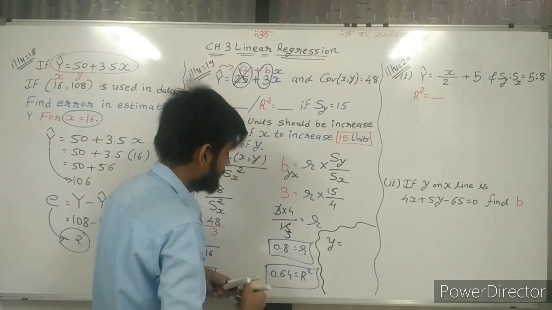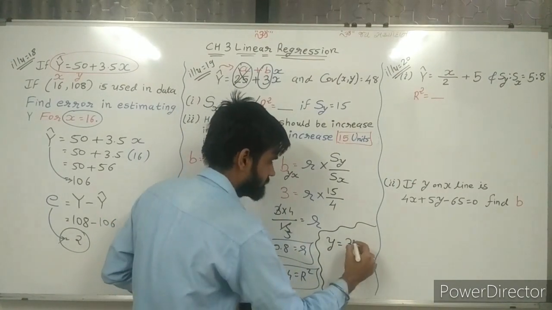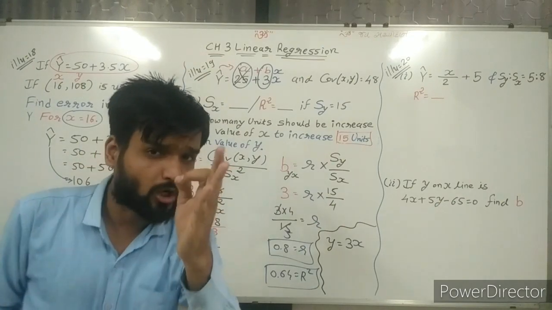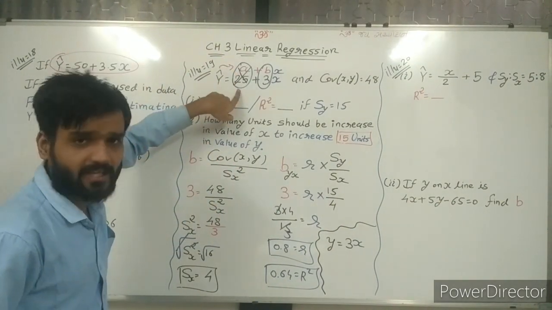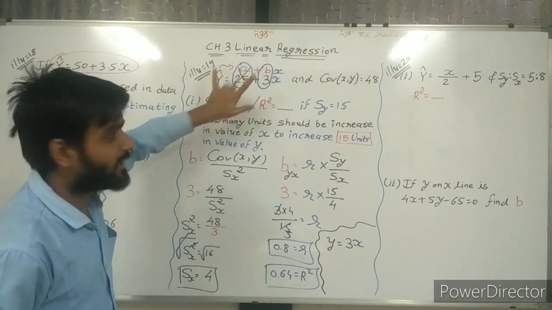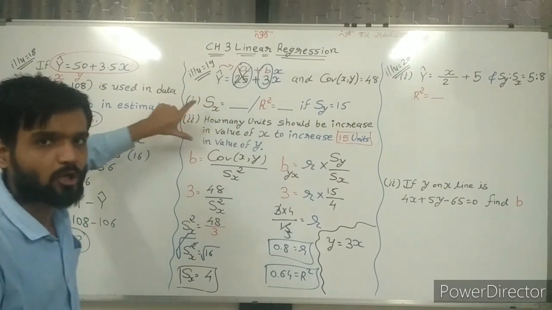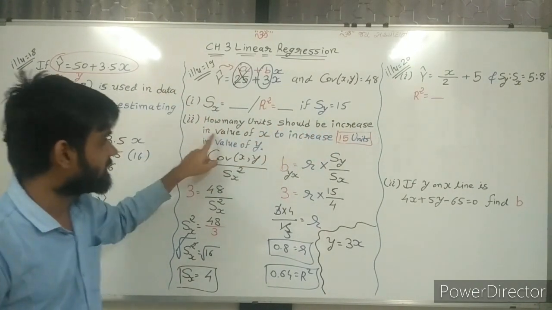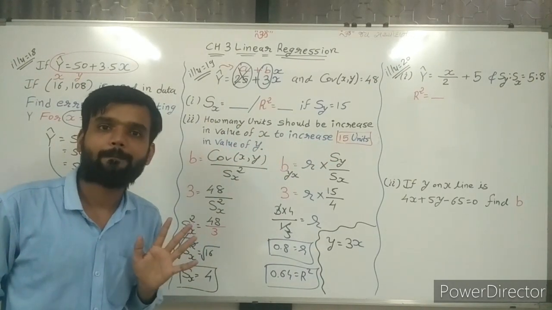Y is equal to 3x. Again, I am telling all of you, don't consider this a, 25. Take only these two things whenever this type of question is asked in your examination: increase in value of X to increase 15 units in the value of Y.